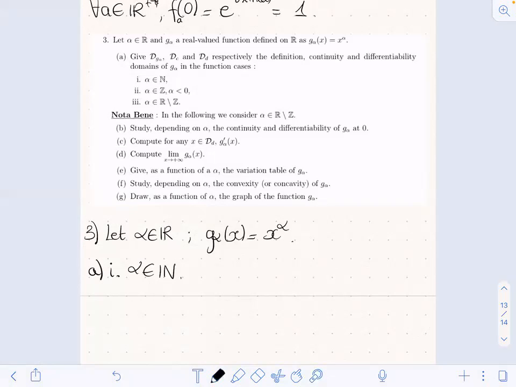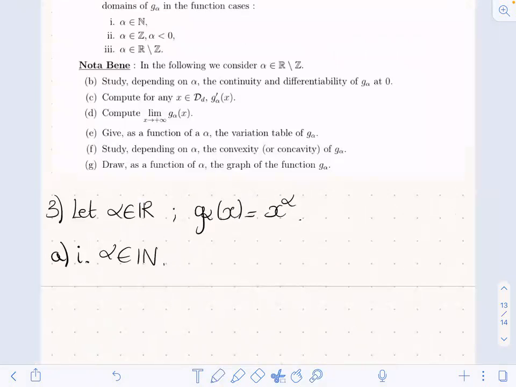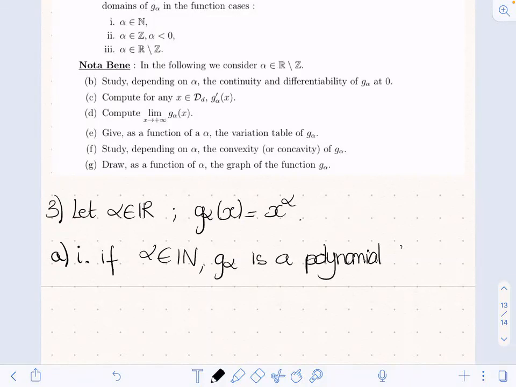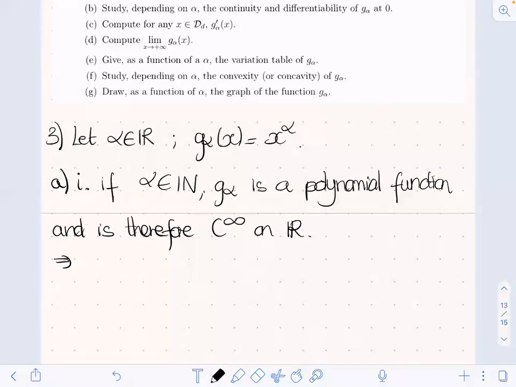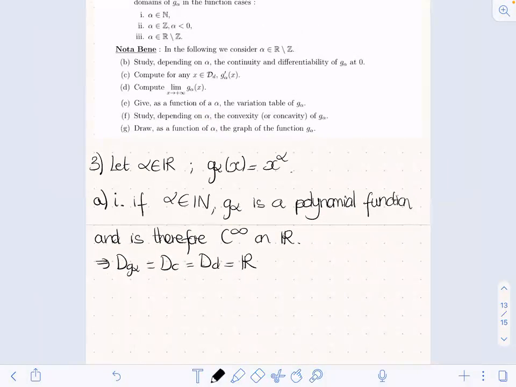So if alpha belongs to n, g alpha is a polynomial function, therefore C infinite on R. So d of g alpha is equal to the continuity domain, equal to the differentiability domain, equal to R. The function is defined, continuous and differentiable in the same places.